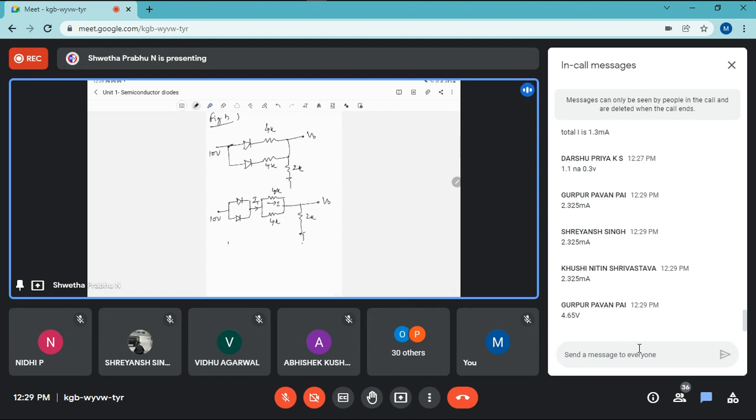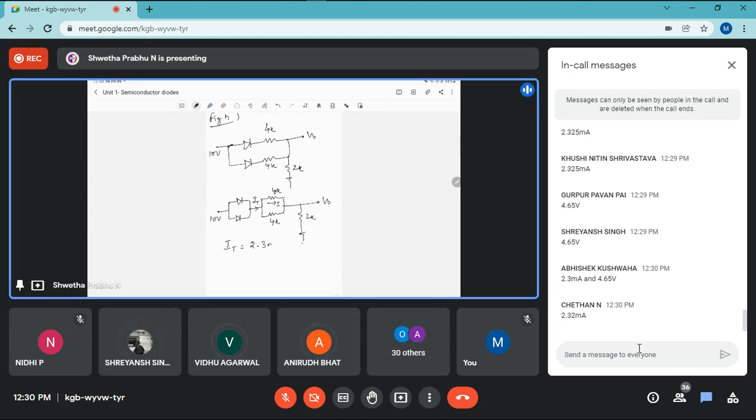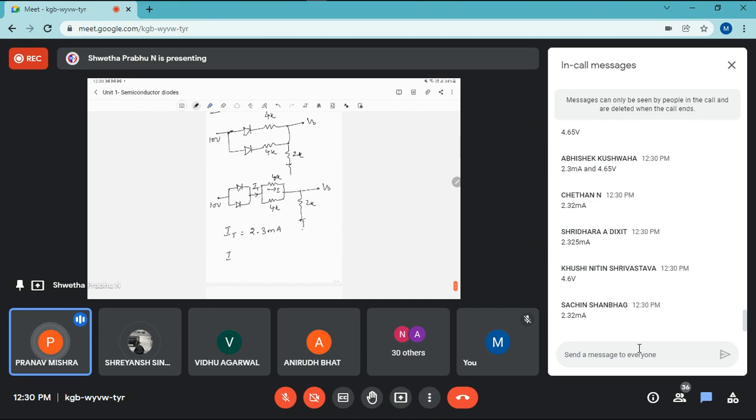Okay. So can you tell me what is the total current which is flowing through the circuit? 2.325 milliamperes. Yes, ma'am. It was my calculation mistake.